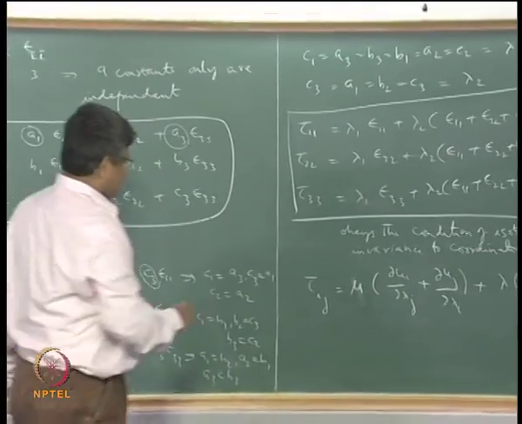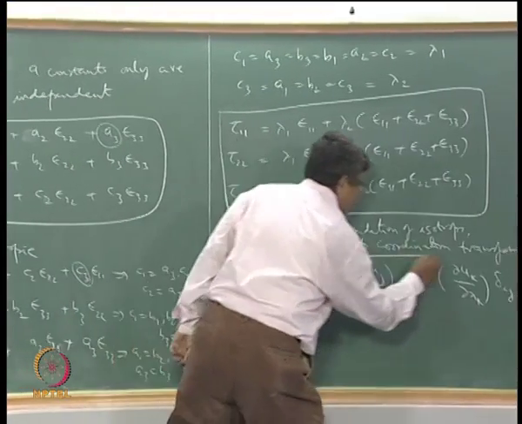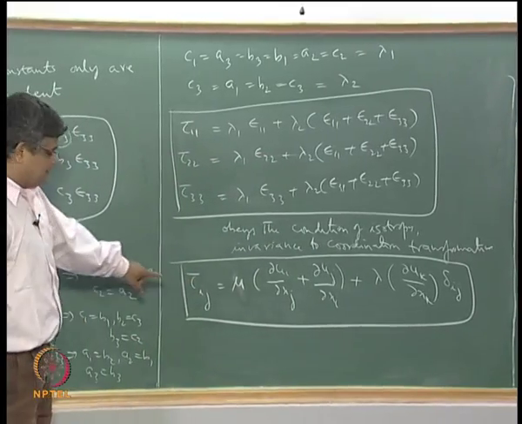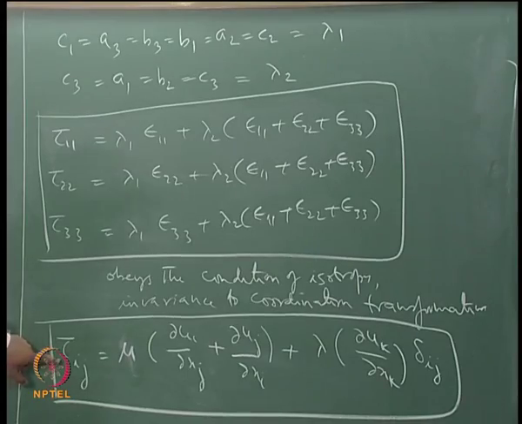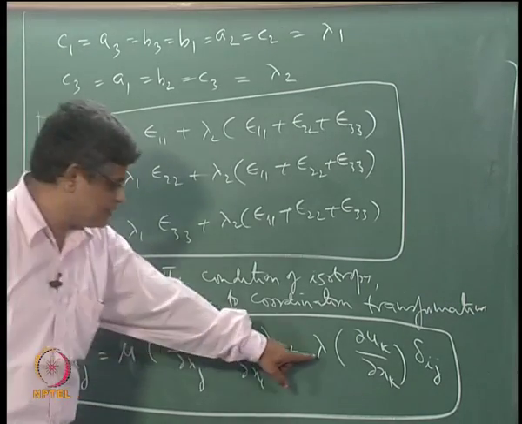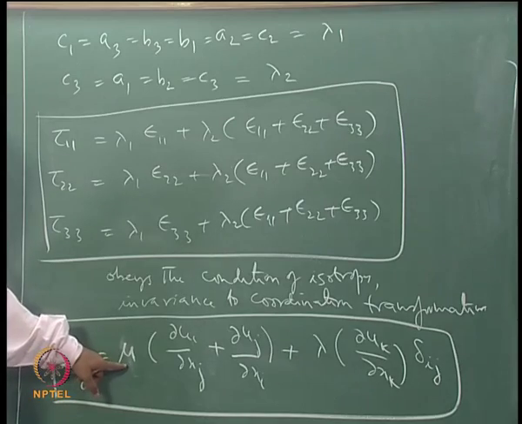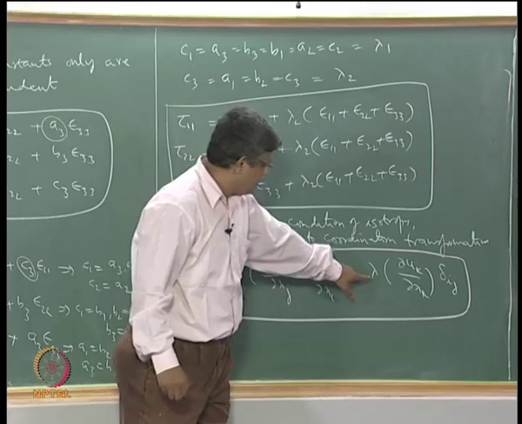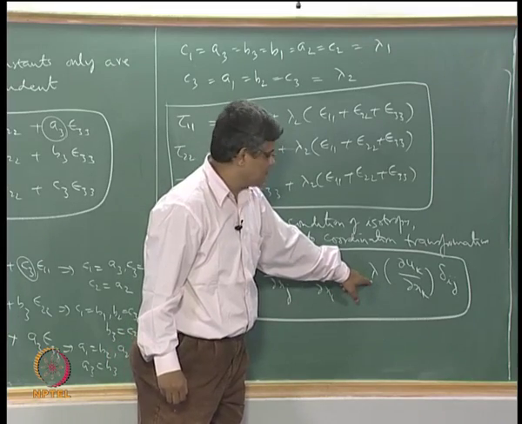Okay, so this is a general relation for the shear stress and the strain rates involving 2 constants, mu, which is our familiar dynamic viscosity, and lambda, which is called the second coefficient of viscosity.